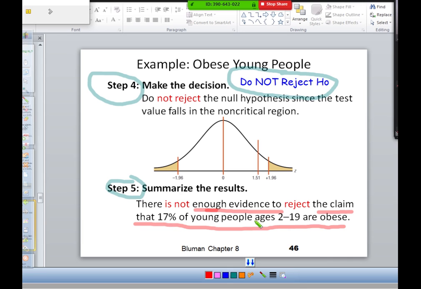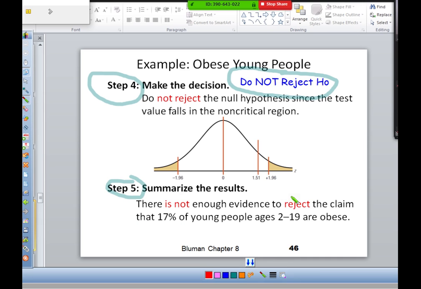Those parts are always going to be the same no matter what you end up getting. What changes are these two things in color.